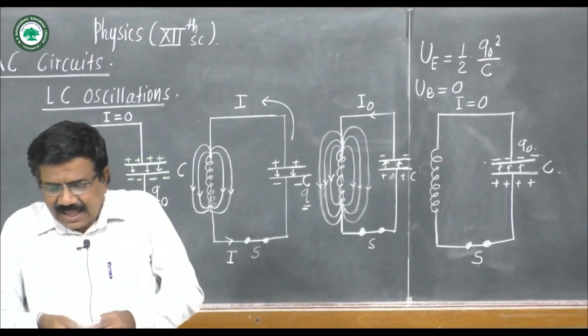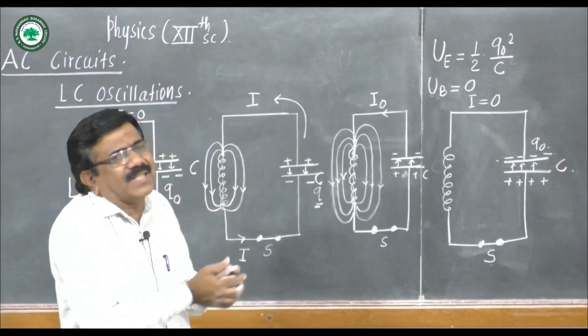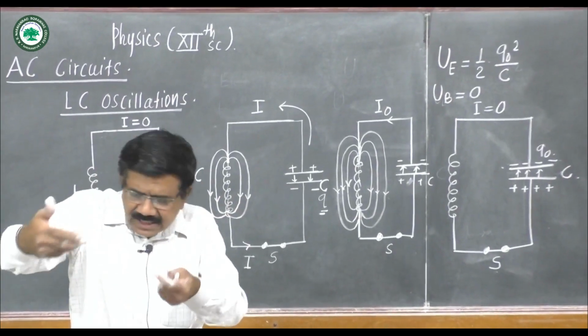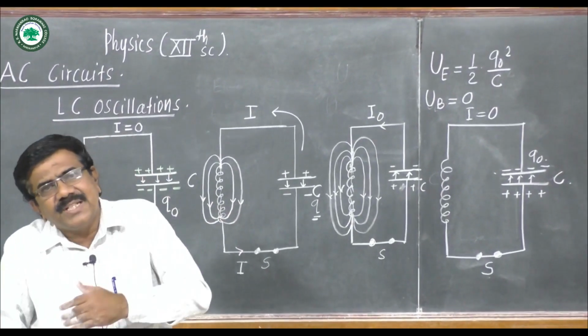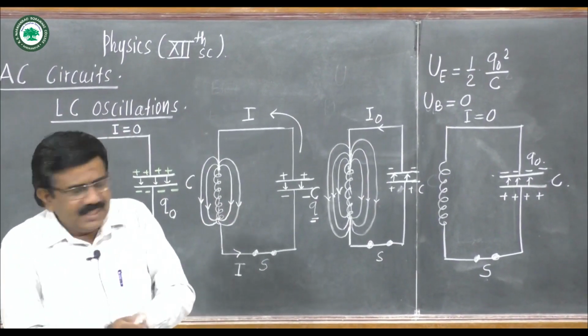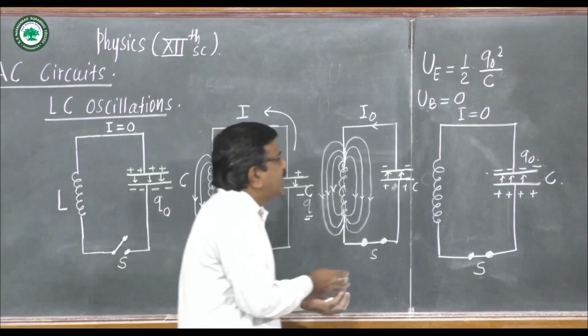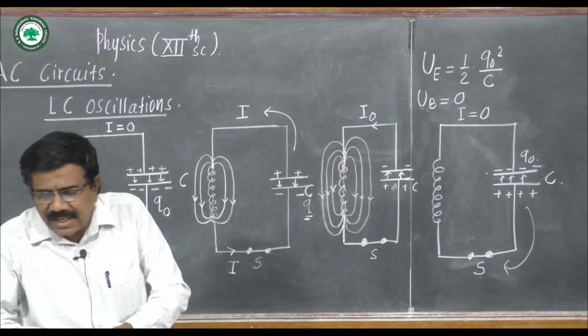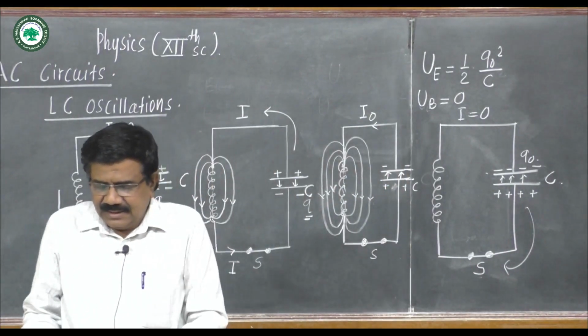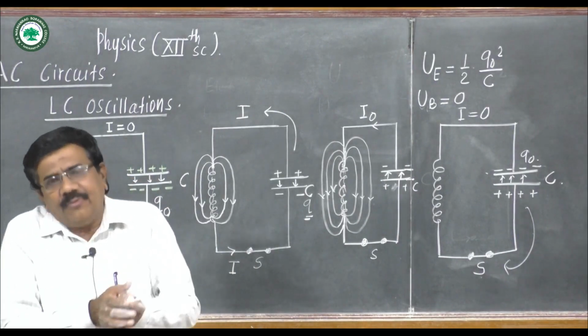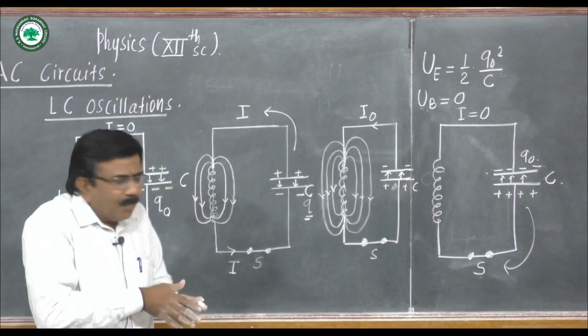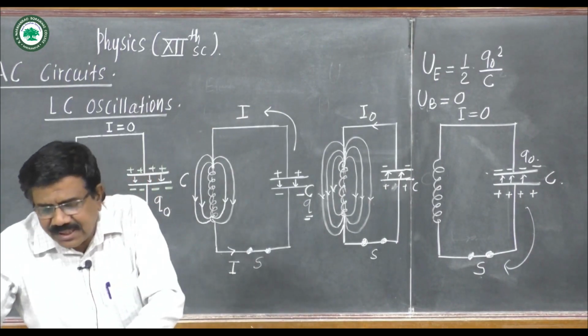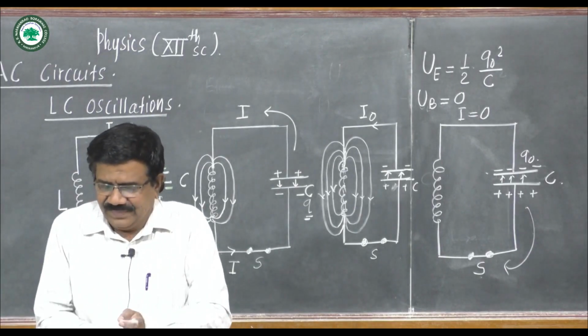The process again continues. The capacitor begins to discharge, again sending the current in the opposite direction, transferring energy to the magnetic field of the inductor. The process repeats itself in the opposite direction.